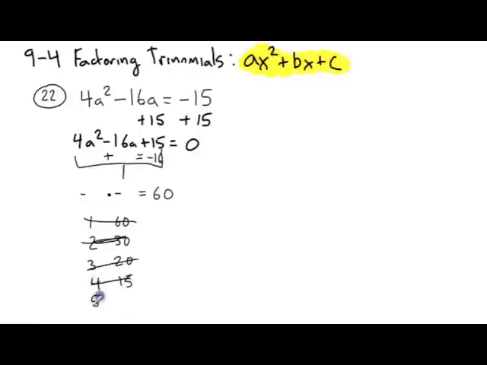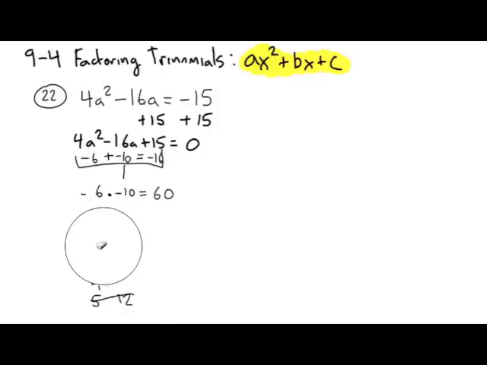I have 5 and 12. If I add 5 to 12, I have 17. That's pretty close, but it's not 16. Then I got 6 and 10. So negative 6 times negative 10 is positive 60, and negative 6 minus 10 is negative 16. So those are my two factors, negative 6 and negative 10. So that's what negative 16a was before we split it up.